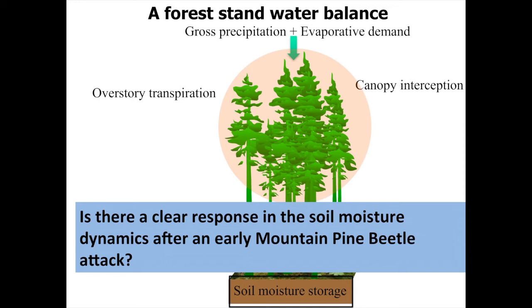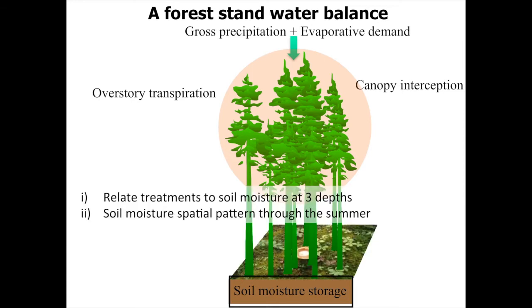Do we see a clear response in the soil moisture after these mountain pine beetle attack effects seen in the transpiration? So we wanted to explain our treatment effects at 3 different soil depths, and also understand whether there's a spatial pattern in these treatment effects, trying to understand the effects of the trees on the soil.